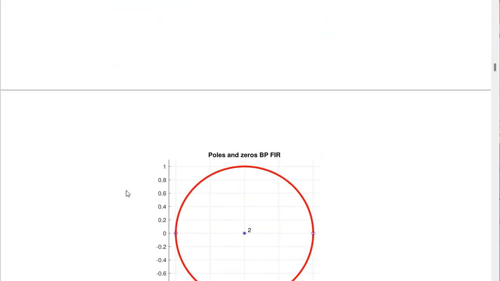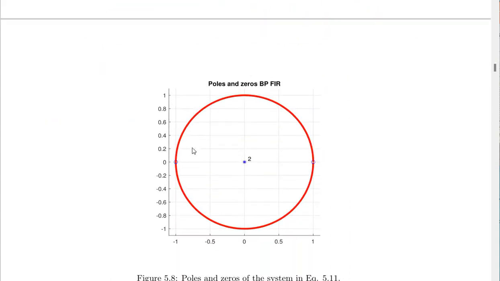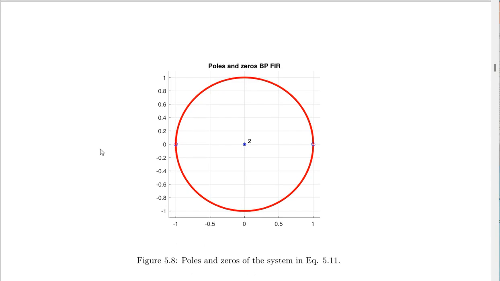Anyhow, for the poles and zeros of the system, we will have two poles at the origin and two zeros at the locations I am mentioning: z equals 1 and z equals minus 1. Real zeros.